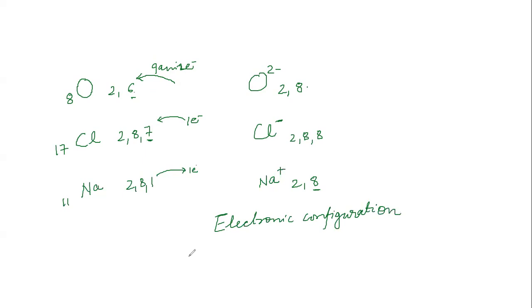If an element like hydrogen or helium has got a single shell, it is stable with 2 electrons. But if it has 2 or more shells, it will be stable with 8 electrons. So we'll say that its octet is complete and the element is stable. So elements can complete their octet or duplet.